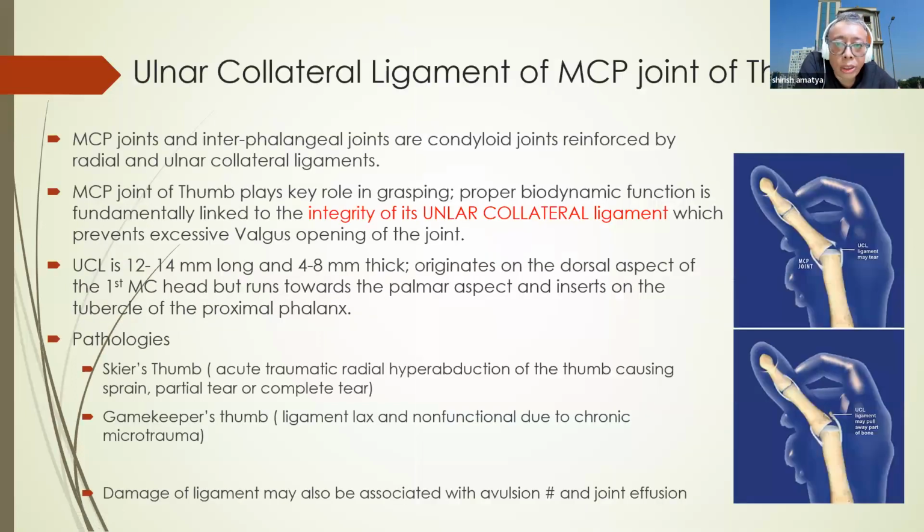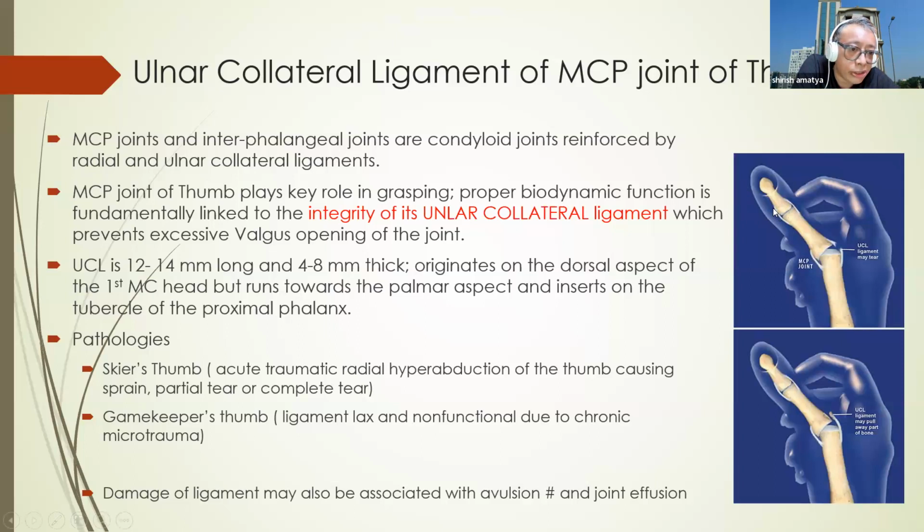Now coming to the collateral ligaments of the hand, which are most commonly affected, many patients will come with ulnar collateral ligament injury. Normally the metacarpophalangeal joint as well as the interphalangeal joint are condyloid type joints, and these joints are reinforced by the radial and ulnar collateral ligaments. In the picture on the right side, these are the interphalangeal joints, and this is the metacarpophalangeal joint.